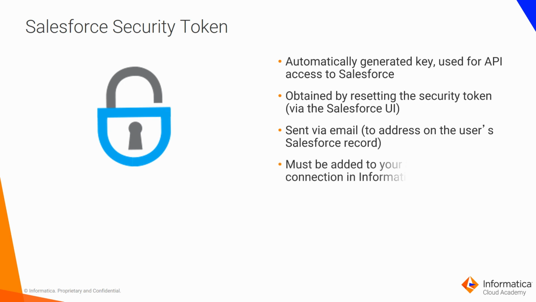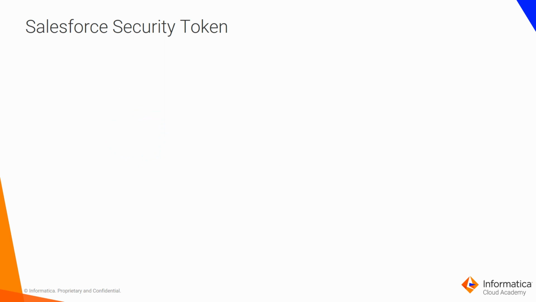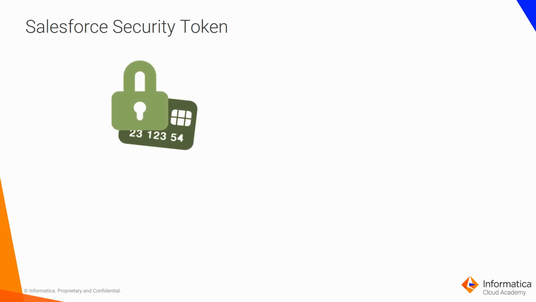You would then need to copy it from the email and paste it into the Salesforce connection properties in Informatica Cloud. Note that the security token is valid until a user requests their security token, changes their password, or has their password reset. Security tokens are tied to a user and can expire. So if you change your password, for example, you will have to generate a new user token.